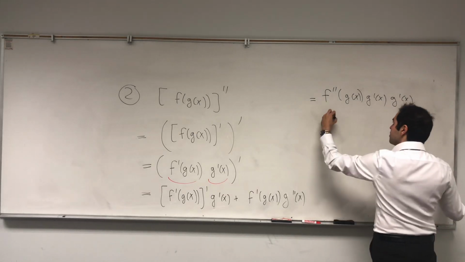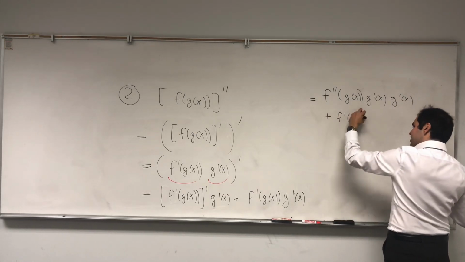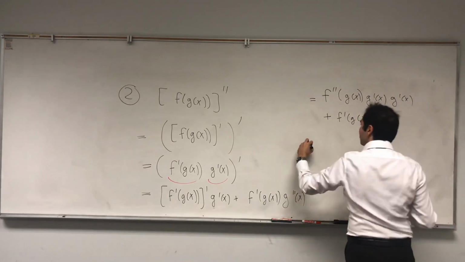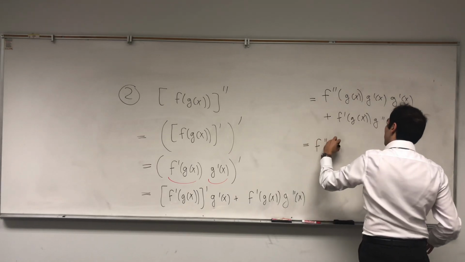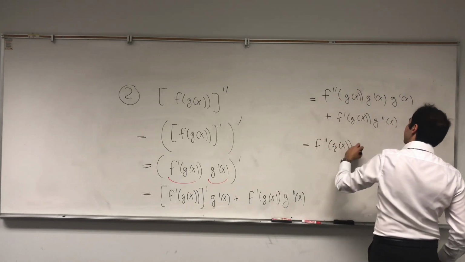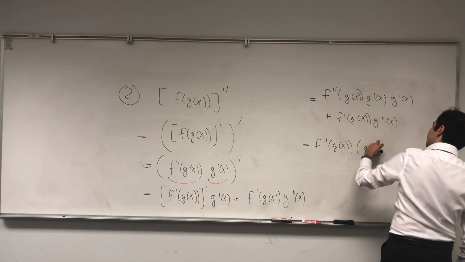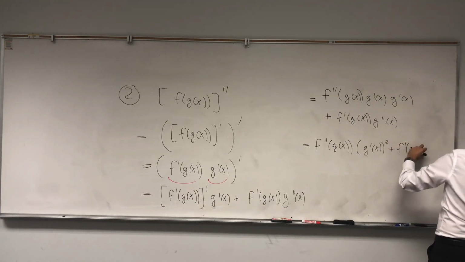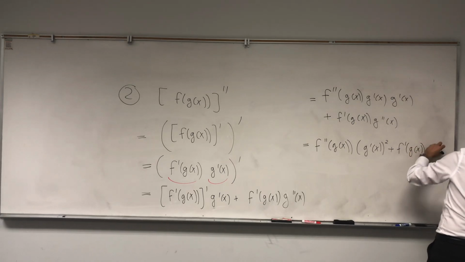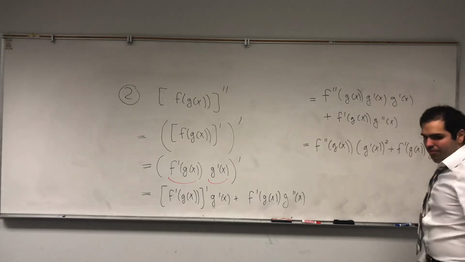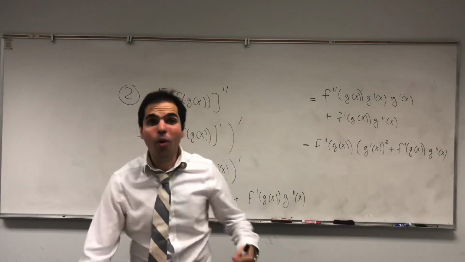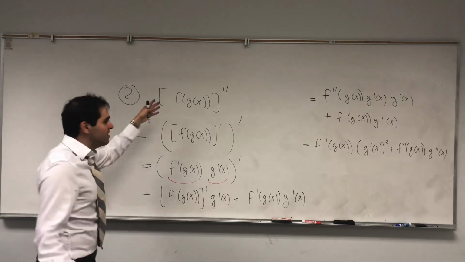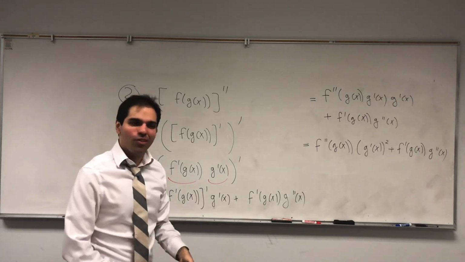And then plus f prime of g of x times g double prime of x. What you end up with is f double prime of g of x times g prime of x squared plus f prime of g of x times g double prime of x. Of course, no one in their right mind would just use this formula directly. It's easier just to use the chain rule twice, I think.